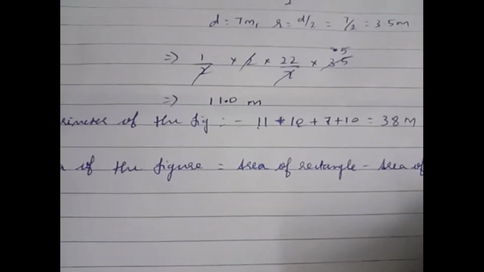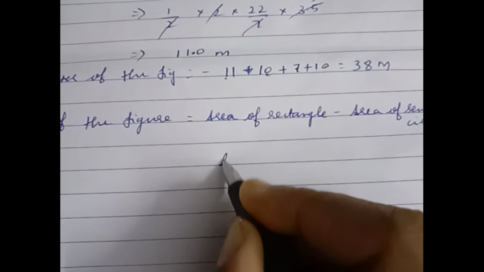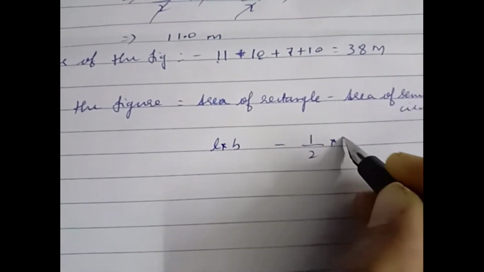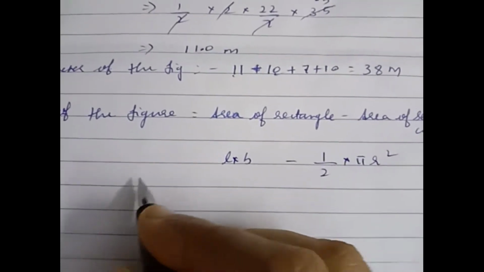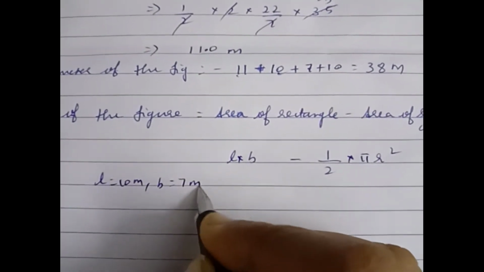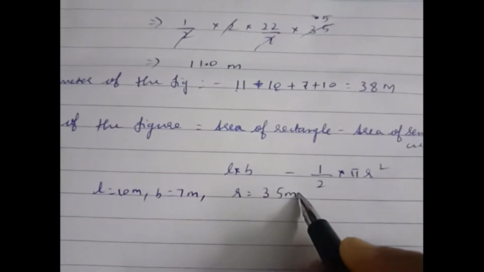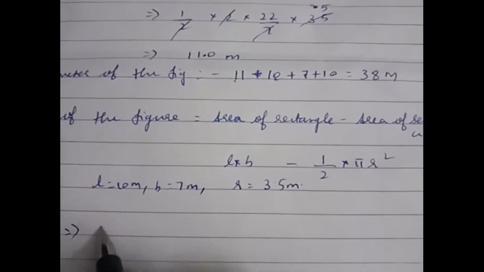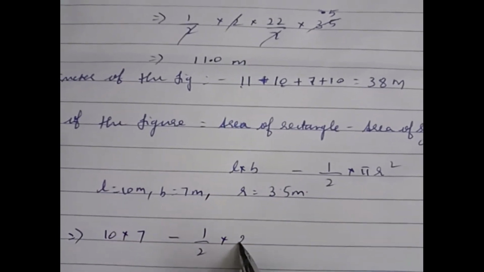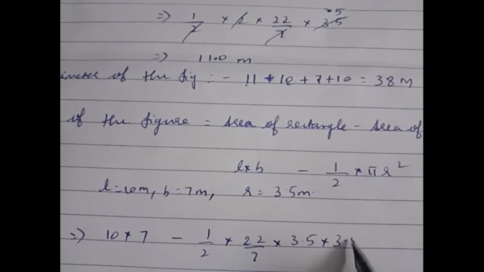semicircle. Area of rectangle you know very well, L into B, and area of semicircle is 1 by 2 into pi r square. L value they gave as 10 meter, B is equal to 7 meter and R is equal to 3.5 meter. So substitute in the formula: 10 into 7 minus 1 by 2 into 22 by 7 into 3.5 into 3.5.